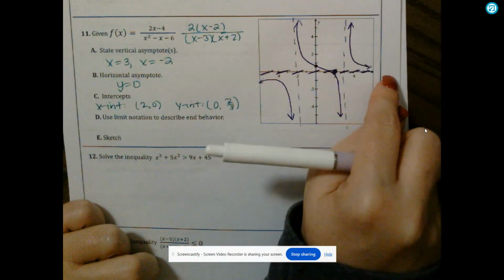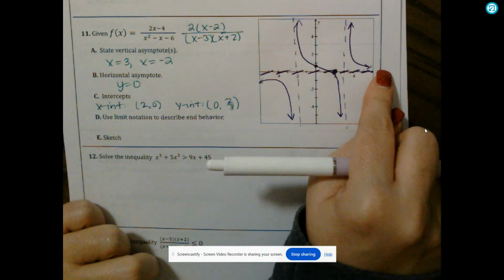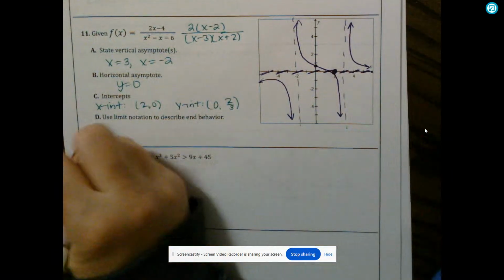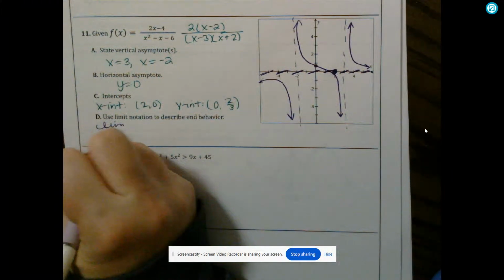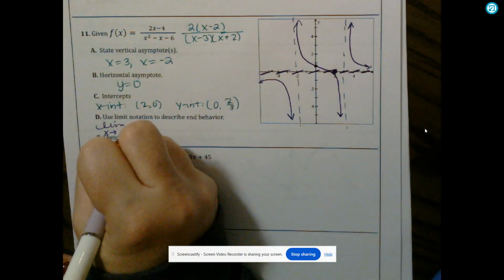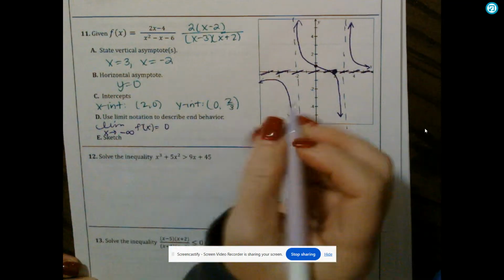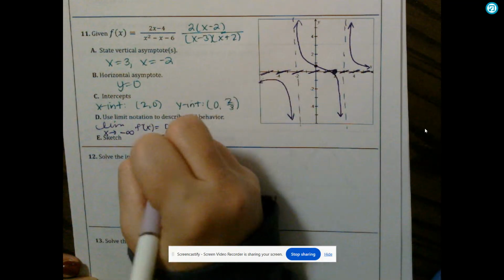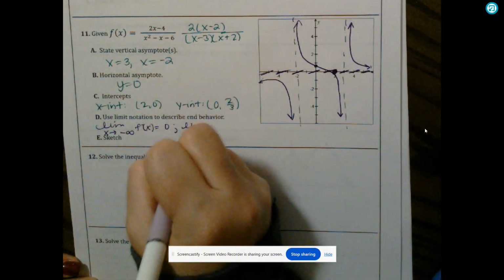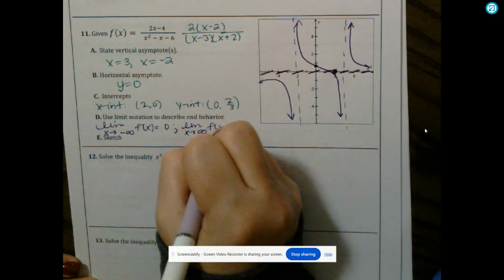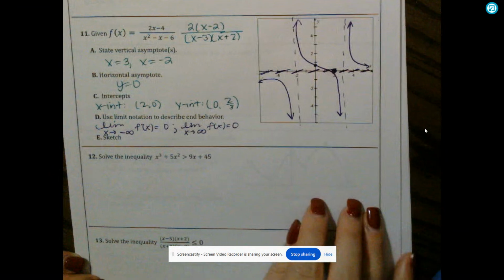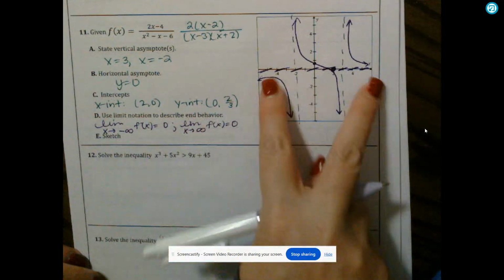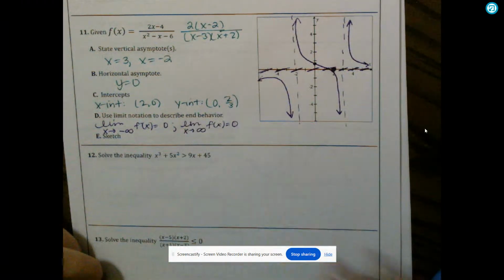You could pick a really big positive number and go there. So that would give me the limit as x approaches negative infinity equal to 0. And that's just our end behavior, not our limits necessarily. So we're just talking about our two ends.